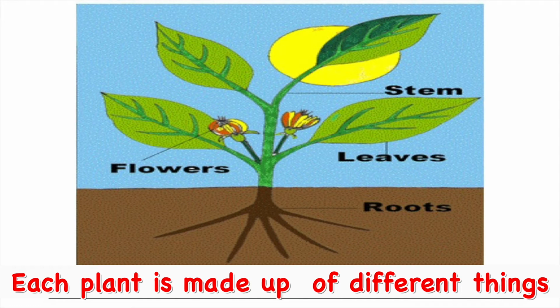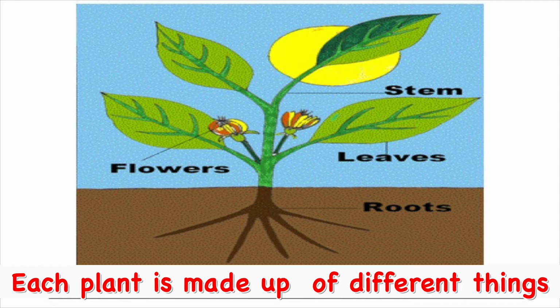Then, the big long thing that comes up through the ground here is called the stem. Stem, yes. Stem is like the skeleton of the plant. It's the main body that goes off to all the different other parts. And you can see here, if we follow the stem, we will see the leaves. Leaves.